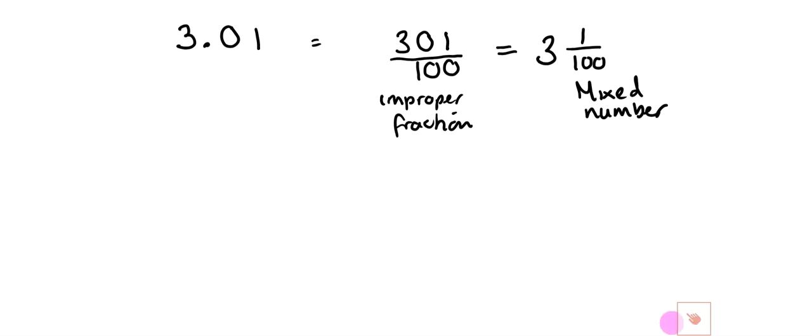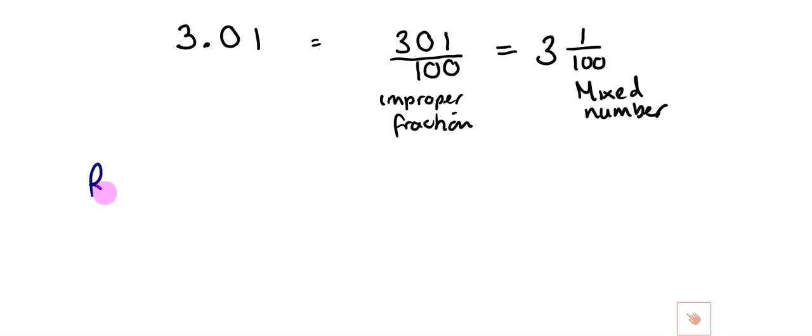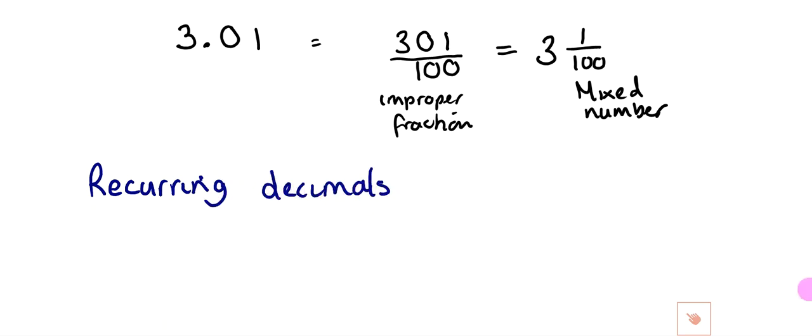The next thing that we're adding to our notes is we're going to talk about recurring decimals. And an example of a recurring decimal would be, say, 0.4 recurring.